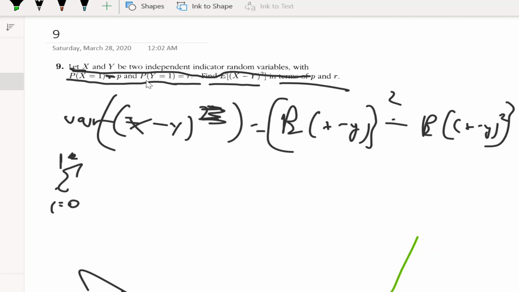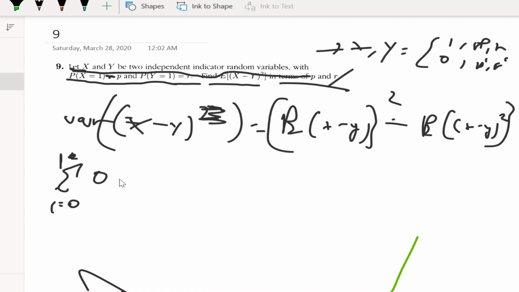And remember, the realities are for X minus Y, where, because X and Y are indicator variables, X and Y can be 1 or 0, with probability p and r, and then the complements of each of those for 0. So let's first figure this out. It would be i times P of i, sorry. So that's the definition.